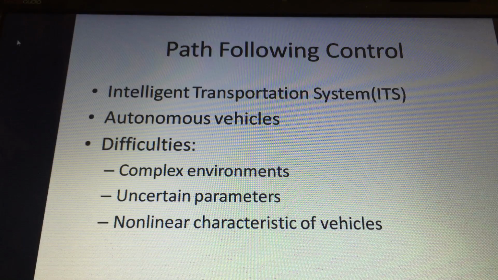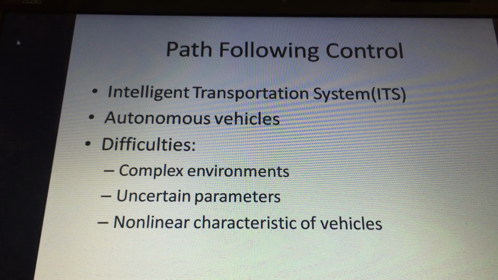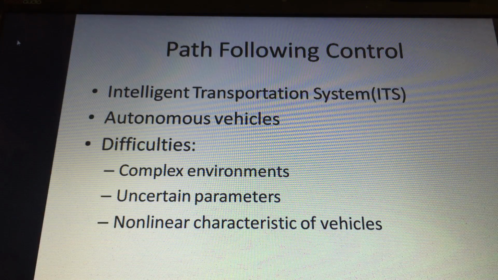They need to find some intelligent control methods for autonomous vehicles. But the difficulty is they have to face complex environments with a lot of uncertain parameters and nonlinear characteristics of the vehicles.